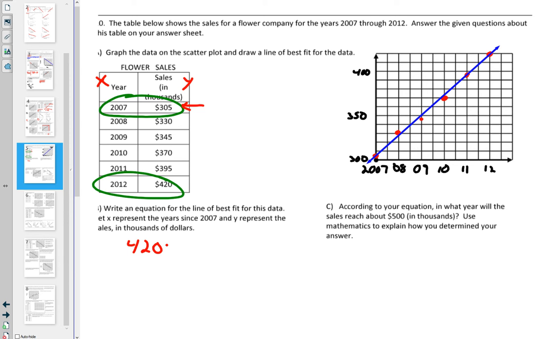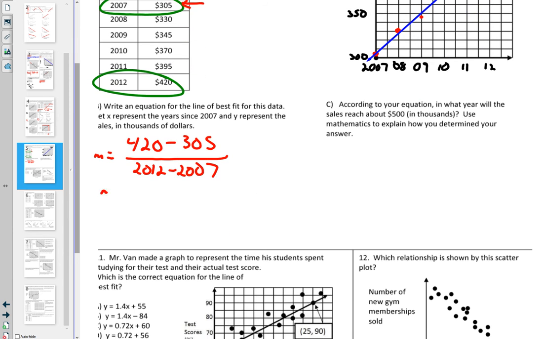So 420 minus 305 over 2012 minus 2007. That's going to be 105 over 5, which is 21.